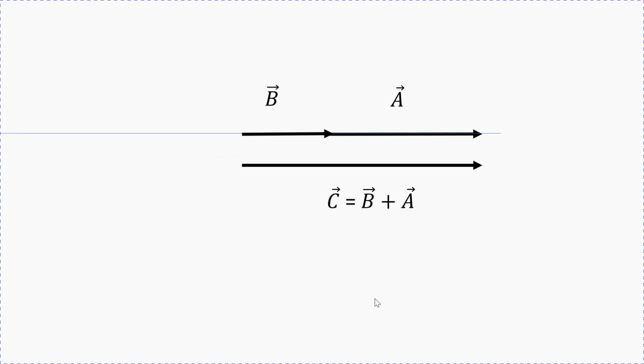So c equals a plus b equals b plus a. Summation has the commutative property. When you sum two vectors, the sum obeys the commutative property.